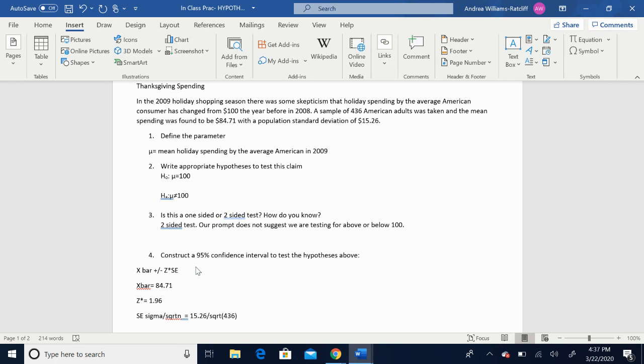So I have $84.71, and I'm going to be adding and subtracting 1.96, which is the z star, times 15.26 divided by the square root of 436. If I crunch the numbers on my calculator, I'm only rounding to a couple of decimal places here.